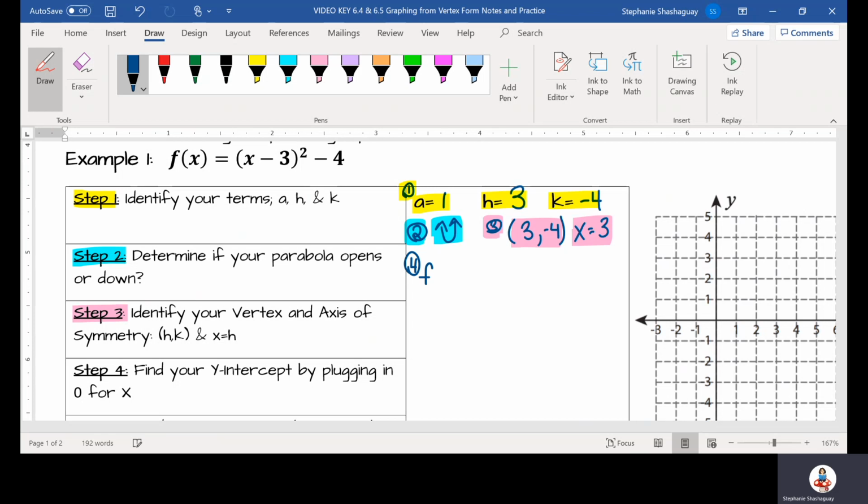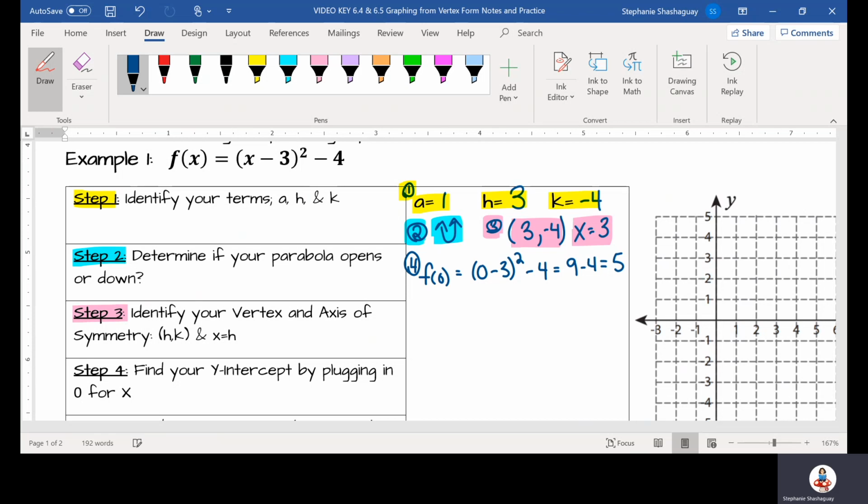So we're going to find f of 0, and that's going to be equal to 0 minus 3 squared minus 4. Okay, negative 3 squared is equal to 9, minus 4 is equal to 5.